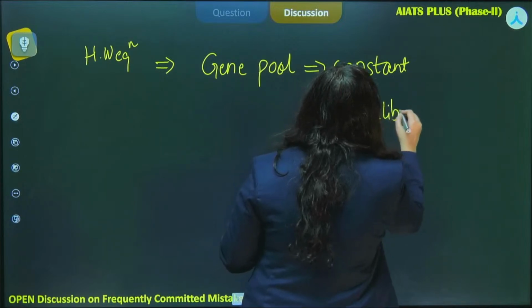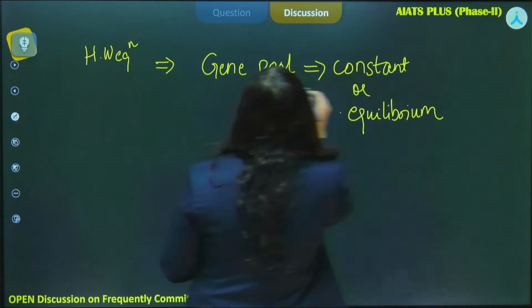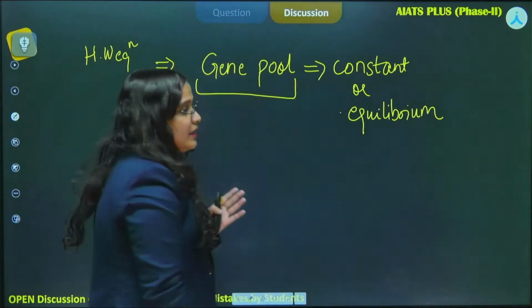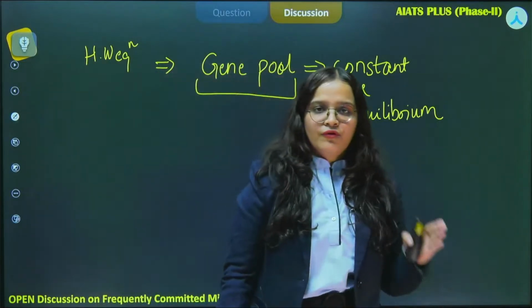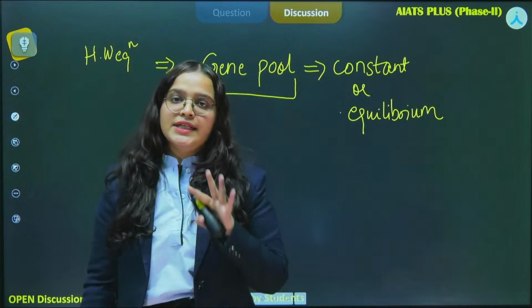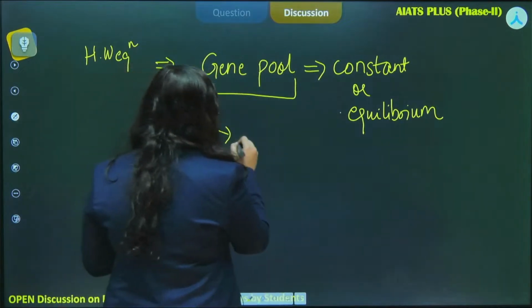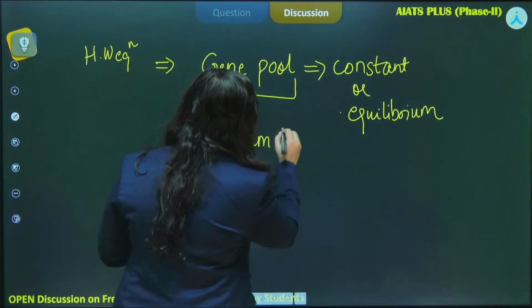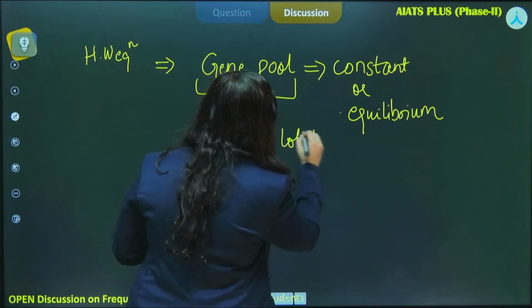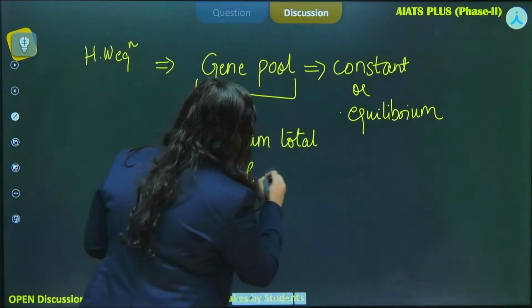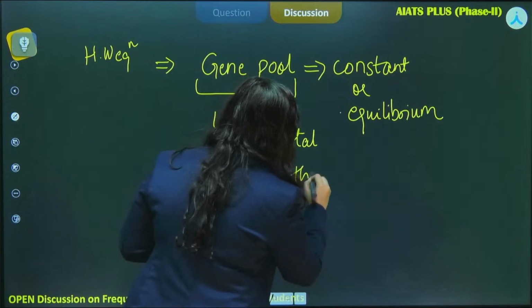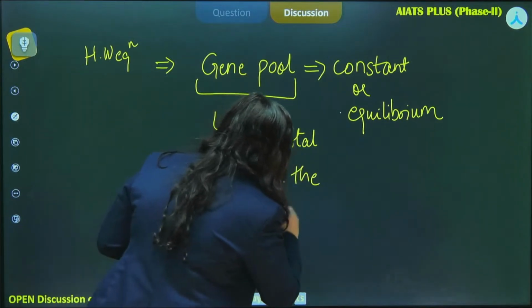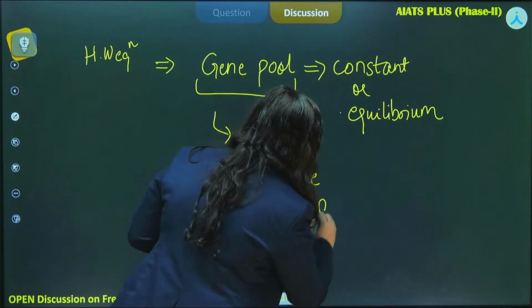What is gene pool? Gene pool is basically the sum total of all the allelic frequencies in a population.